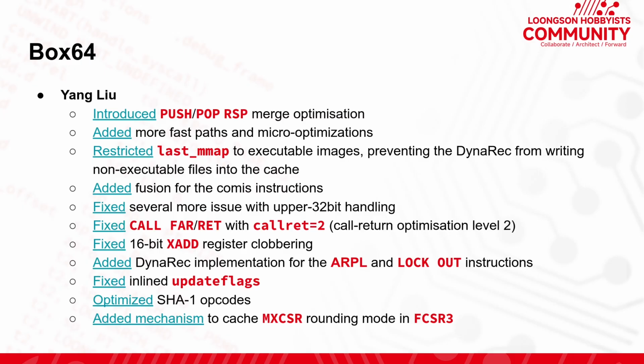So before this optimization, we had to read the MXCSR rounding mode from the memory, and we translate it into the LoongArch FCSR3, and then we can use some dynamic rounding mode instructions to do the math. After that, we have to put the FCSR back to the MXCSR memory.